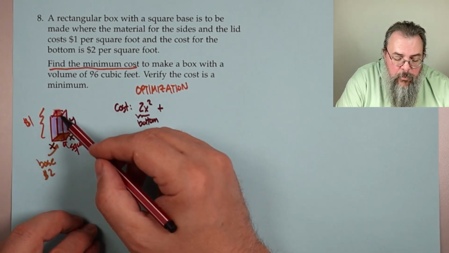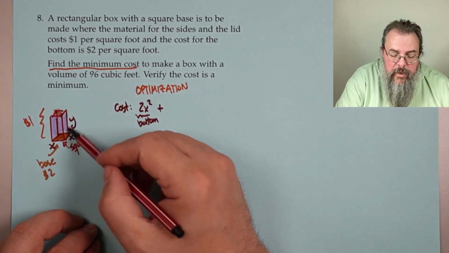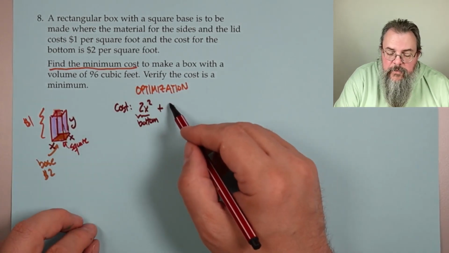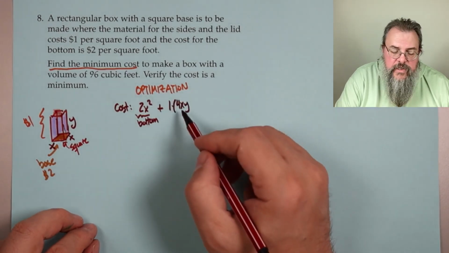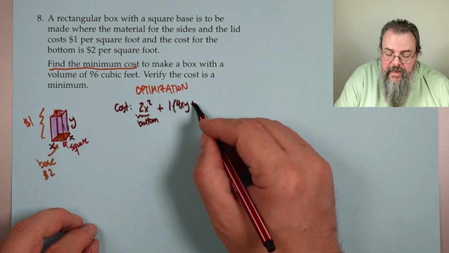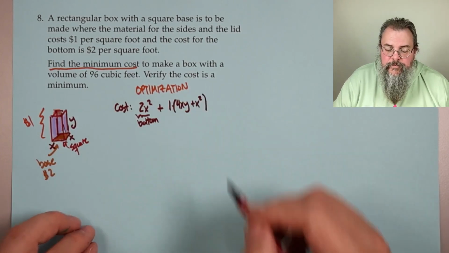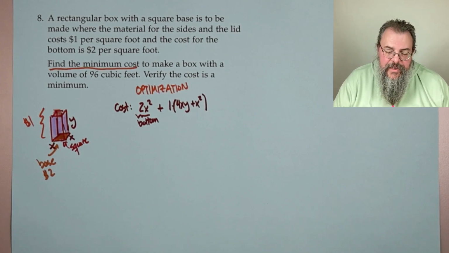Now, if I pick one side of the 4 sides, I have x by y. But there's 4 sides, so it's 1 times 4xy. So these are the 4 sides. Then plus the top is another x squared. Okay, so that's what we're trying to optimize.